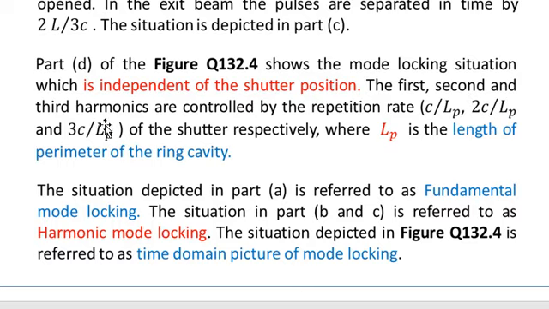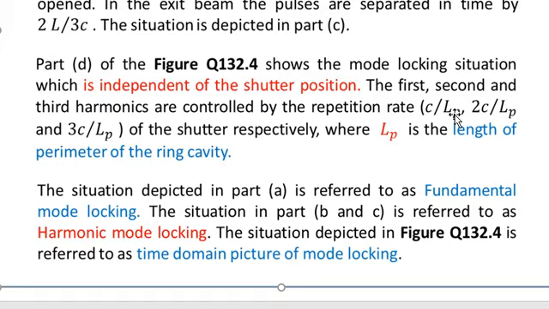The first, second, and third harmonics are controlled by the repetition rates C over LP, 2C over LP, and 3C over LP of the shutter respectively, where LP is the length of the perimeter of the ring cavity. So you see that you can have control on the harmonics.